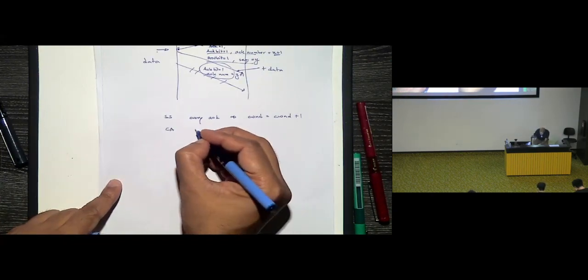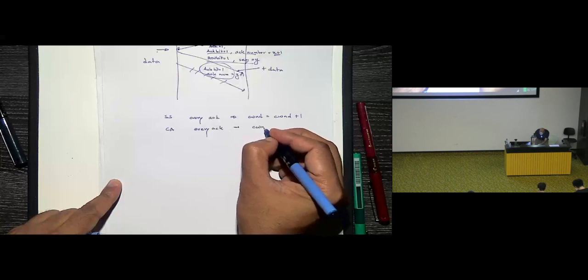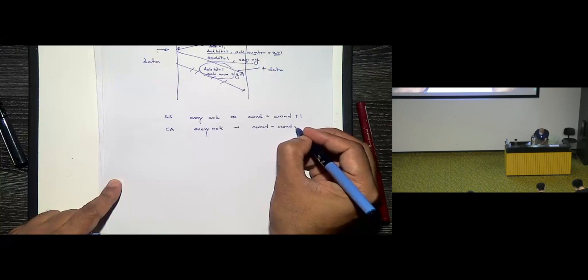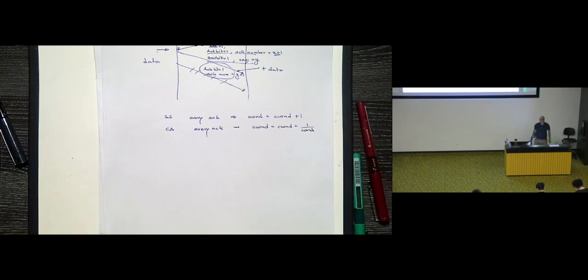In congestion avoidance, every ACK increases the window by a fraction, something like this. So what would happen is, if you send 10 and get 10 acknowledgements back, then your window will increase by 1. Okay? So this will give you something like a linear increase.